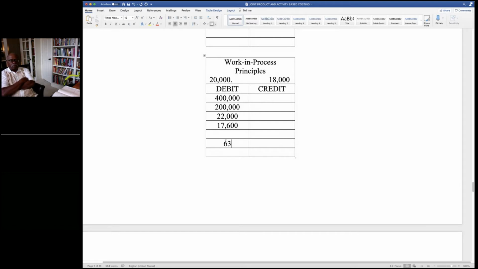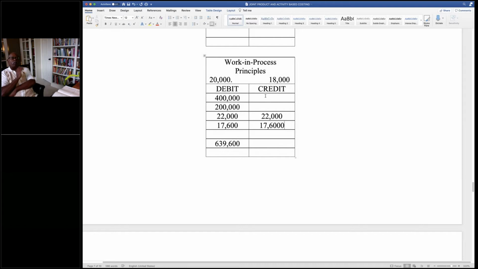So we're going to keep the 2,200 because they already paid the workers. The 2,200 and the 17,600 are going to stay the same because they paid the workers already. They just didn't complete the amount of books they were supposed to complete.